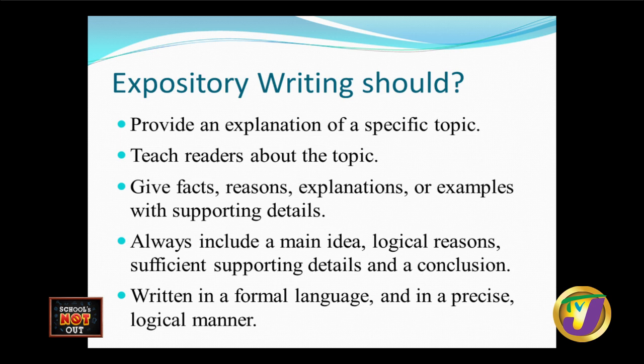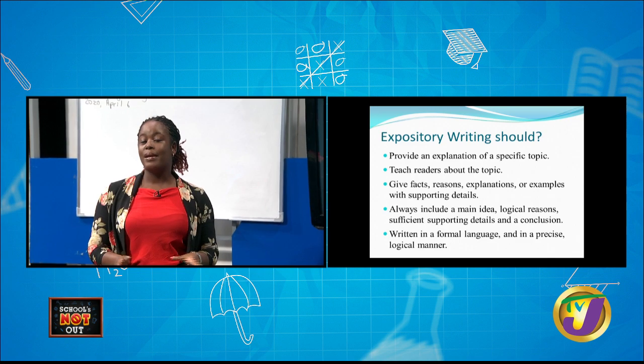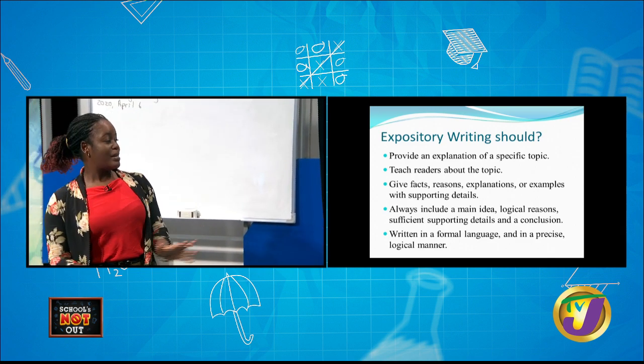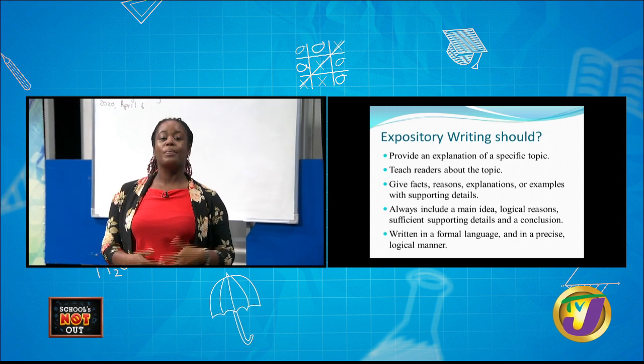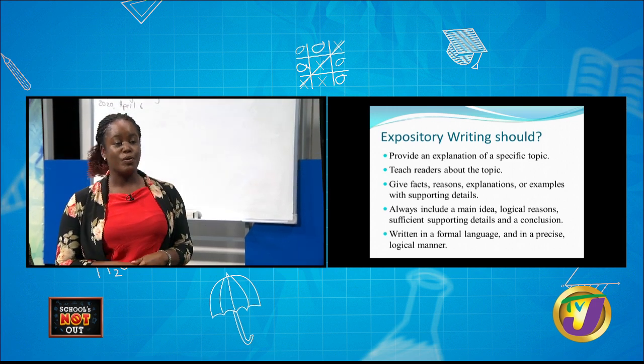So they're expected to give reasons, explanations, and provide examples with supporting details. They're always required to include a main idea, logical reasons, sufficient supporting details and a conclusion. Very good. And it should be written in formal language and in a precise, logical manner. So whatever you write, the information cannot be disseminated all over the place. There should be some level of coherence with whatever you write.